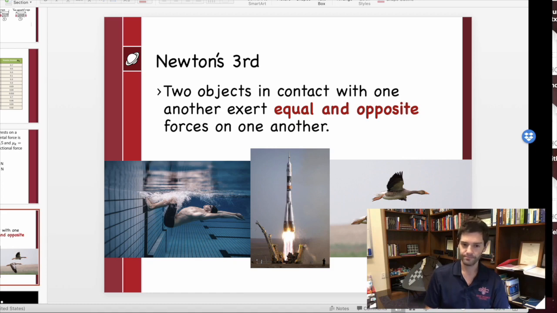Newton's third law is the only one of Newton's three laws that he could not argue directly through proof. He wasn't able to prove what we now call Newton's third law in any way.